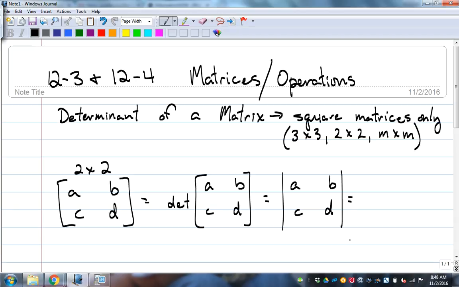And the way that the determinant of a 2 by 2 works, and I never do these with the calculator because it takes me too long to type them in and it's too easy to do, you just multiply diagonals. A times D minus B times C. And get that number. That's the determinant of a 2 by 2 matrix.